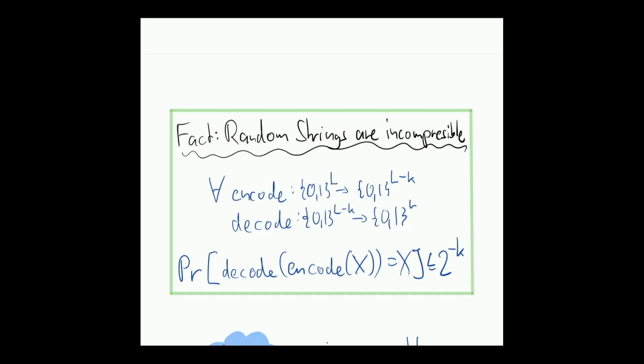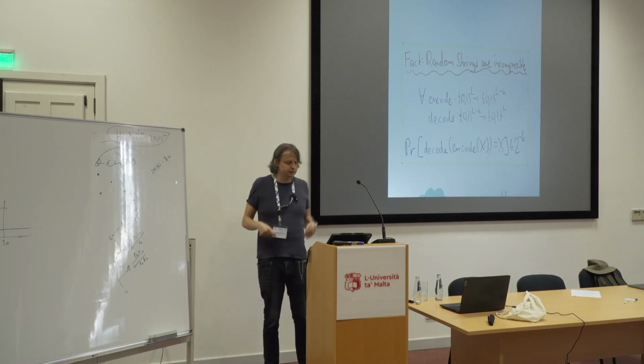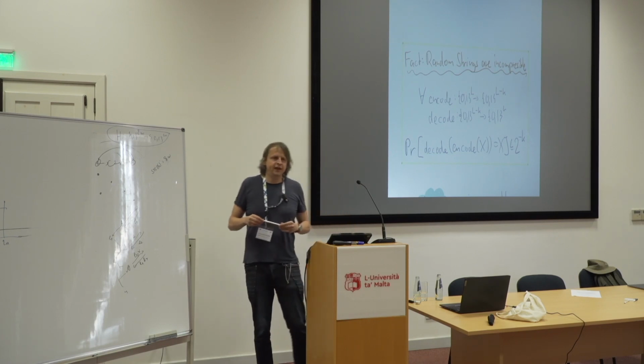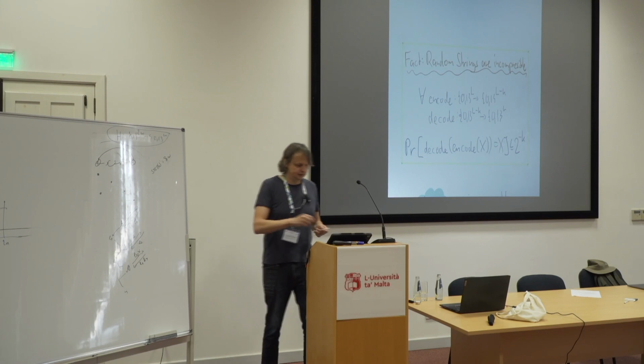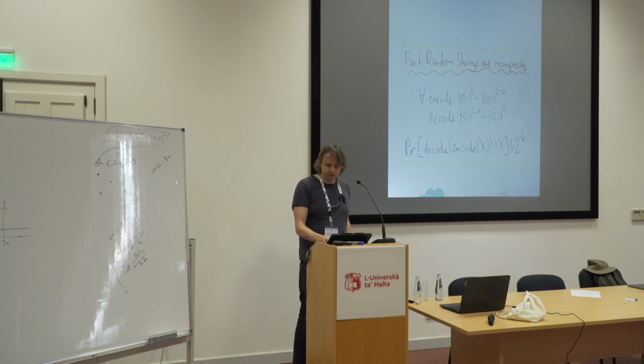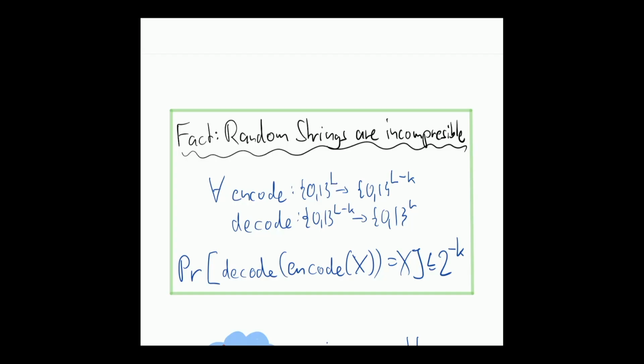Assume you're brilliant and came up with an encoding and decoding procedure that takes strings of length L and compresses them to length K, and the decoding procedure takes that compressed string and decodes it to a string of length L. Then this simple technical lemma says you will fail with decoding, in the sense that the probability that the decoded value is the same as the original is at most 2 to the minus k. If you don't compress at all, k equals 0, you're fine. 2 to the minus k is 1, so you will always compress and decompress correctly, because the identity function is a good compressor in this case.